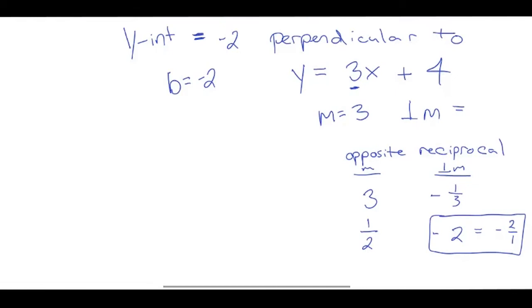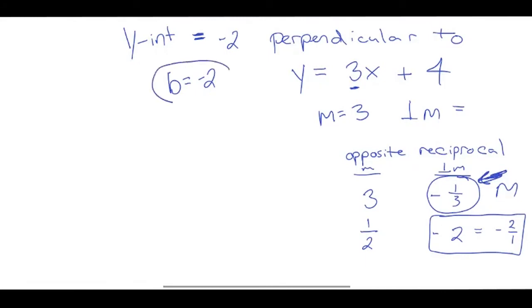All right, so over here we found that our perpendicular slope is -1/3. So I took that 3 and I flipped it and made it the opposite, which is -1/3. All right, so that means that this is my new m, okay, is -1/3.